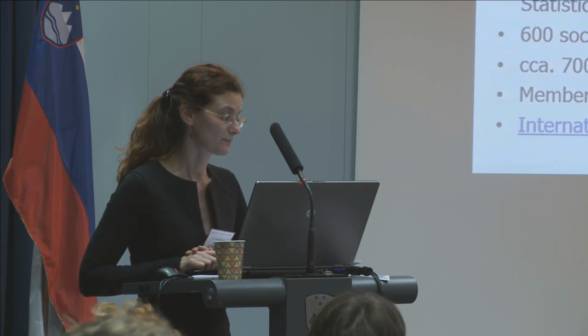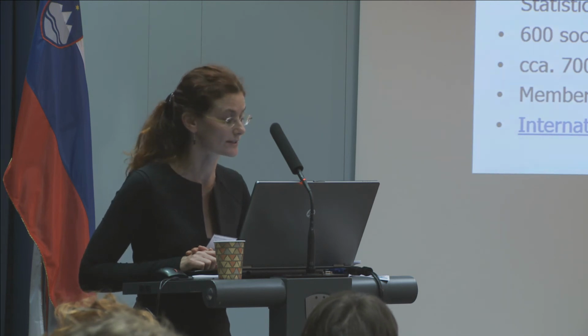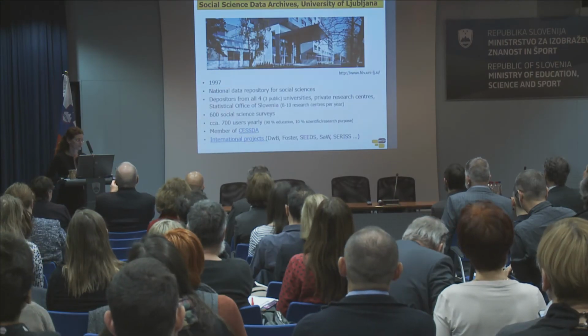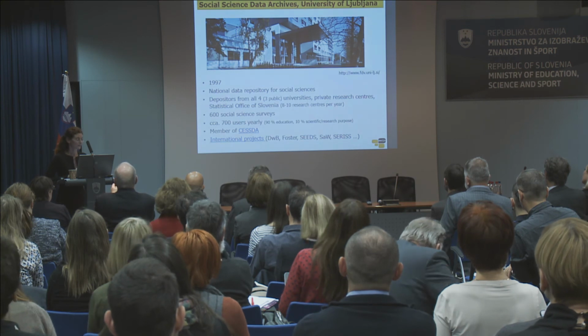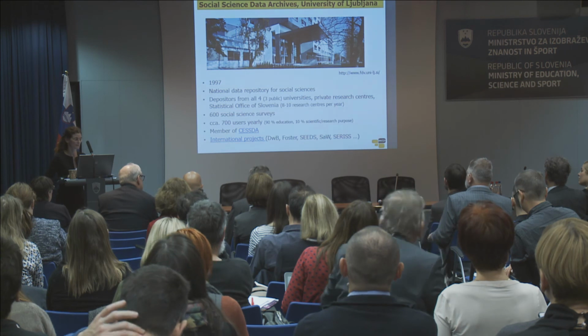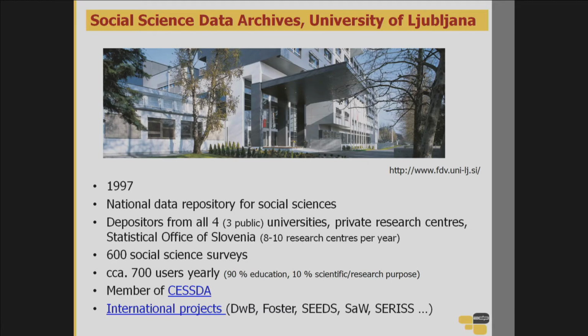So we cover depositors from all 4 universities in Slovenia, also from private and public research centers, and the Statistical Office of Slovenia, so you can see it's a broad spectrum of depositors. In our data catalog, there are more than 600 social science surveys, and on an annual level there are about 700 users using our data sets.